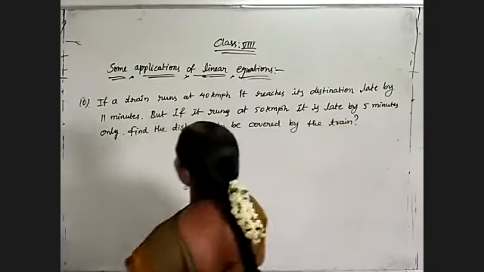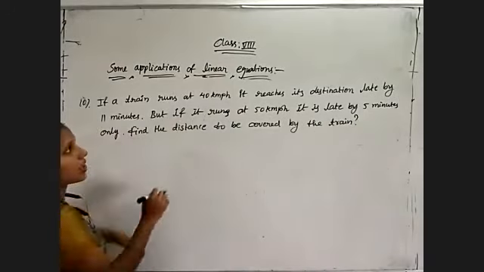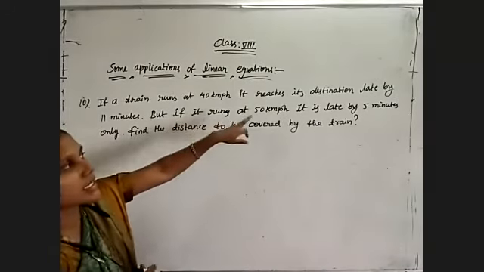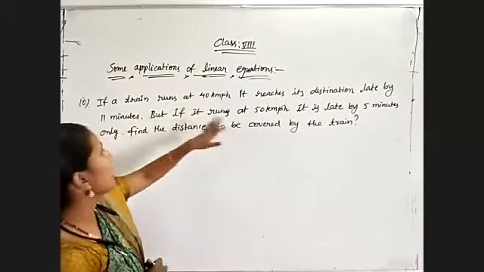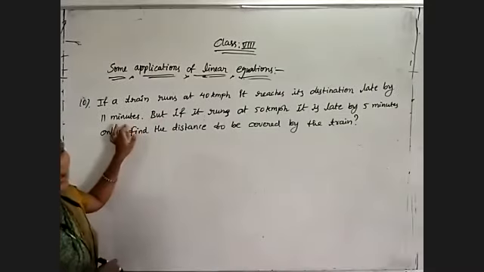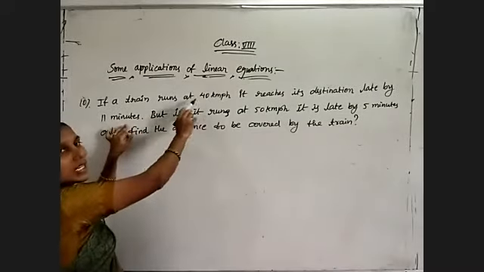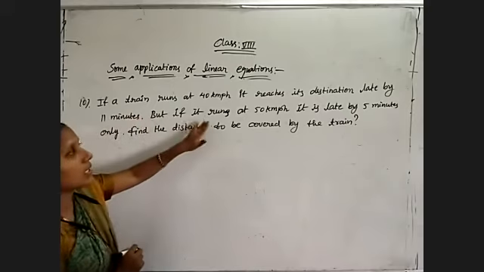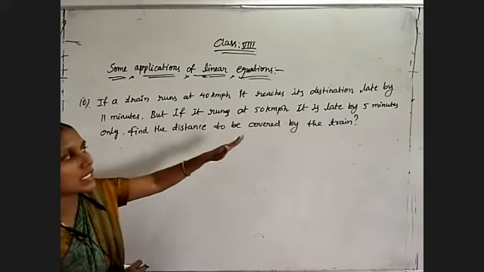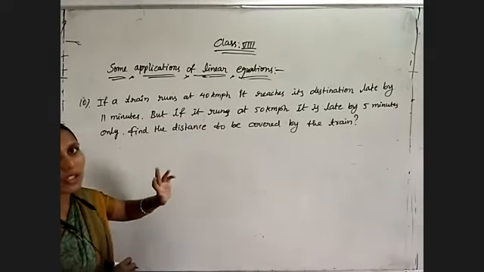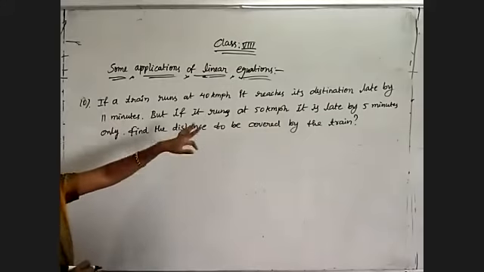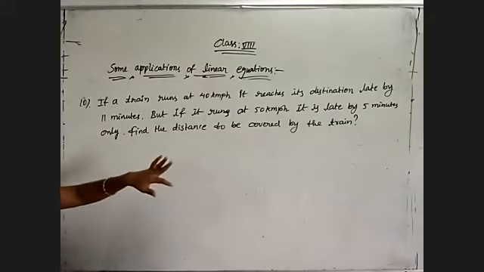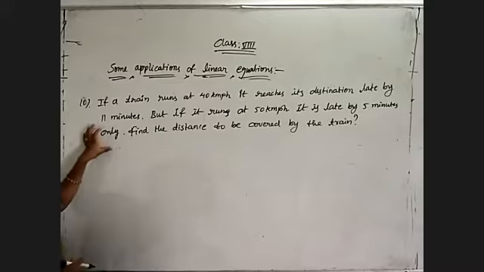Okay, observe the question. If a train runs at 40 kilometers per hour, it reaches its destination late by 11 minutes. So when it is using this speed, it is reaching late by 11 minutes. But if it runs at 50 kilometers per hour, it is late by 5 minutes only. So when it is increasing the speed, it reaches 5 minutes late.